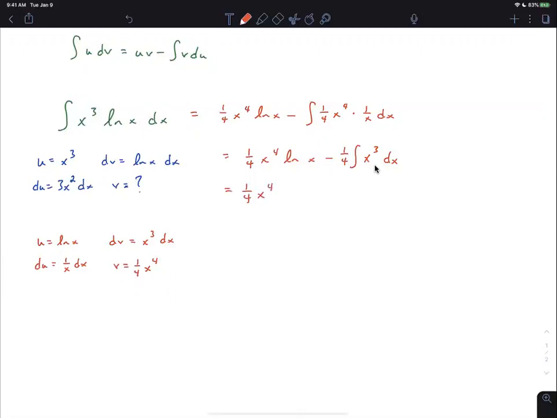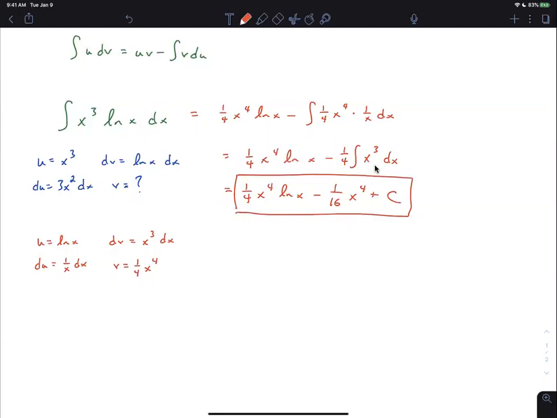So you get 1/4 x to the 4th log x minus 1/4 times 1/4, so 1/16 x to the 4th plus c. But now we're done. Does everybody follow what we're doing there? Everybody good?